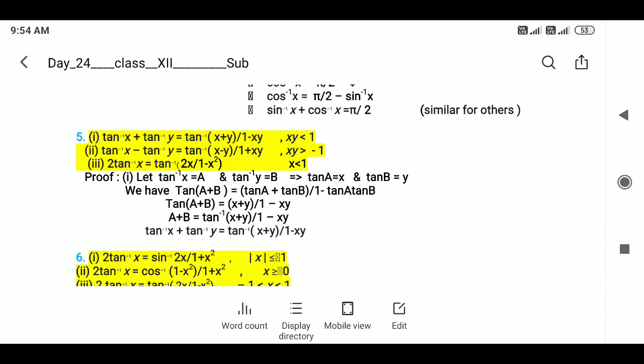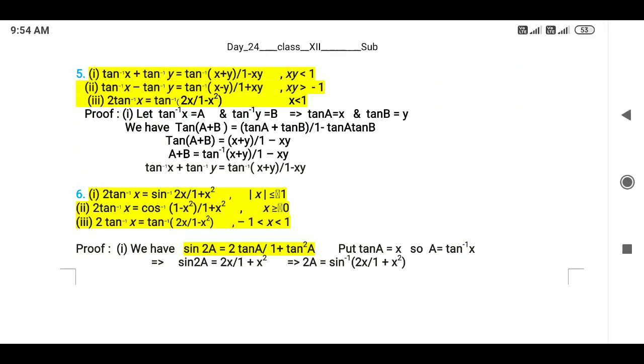In a similar way we can prove the second one, and similarly the third one. In case of the third one, we can write 2 tan inverse x is equal to tan inverse x plus tan inverse x. And now apply the formula, tan inverse of x plus x upon 1 minus x into x, and thus we can get the result.